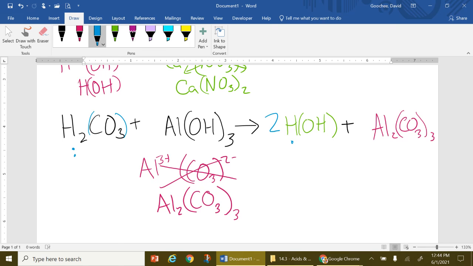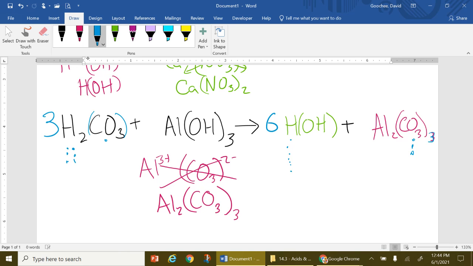Okay, we have only 1 carbonate, CO3 is 1, but we've got 3 carbonates over here, so we got to put a 3 in front. But now that makes 6 hydrogens over on this side, and so we got to put a 6 right here to get the hydrogens to balance.